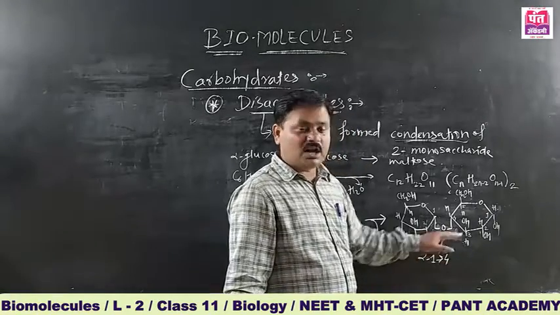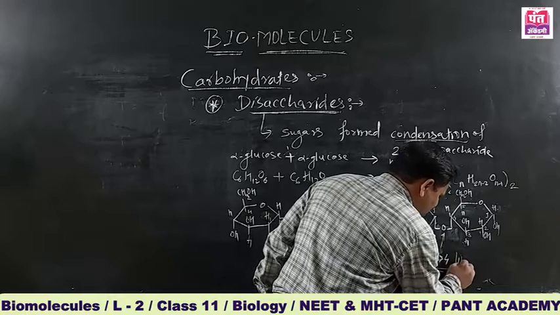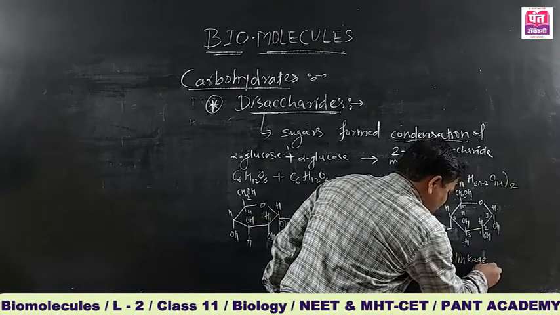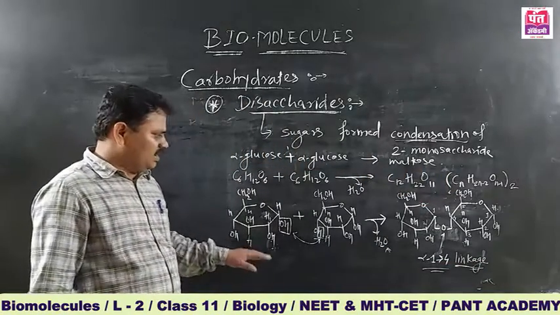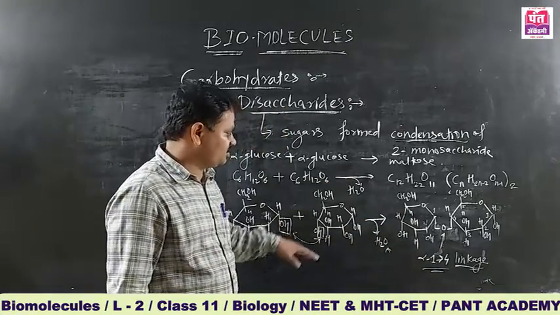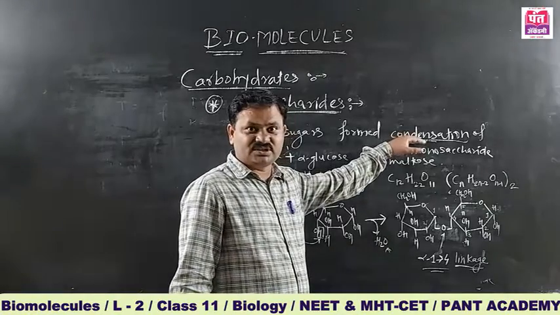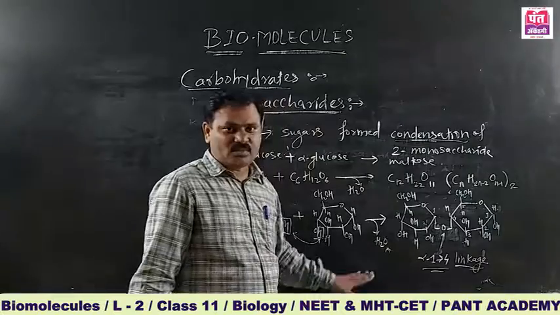But it is an alpha 1,4 linkage, and this alpha 1,4 linkage is a type of glycosidic linkage. Remember, in maltose there is an alpha 1,4 linkage. And this complete process is nothing but the condensation process by removal of the water molecule.